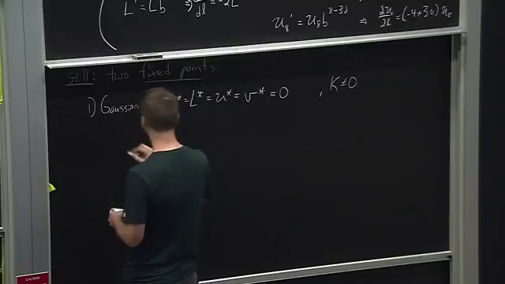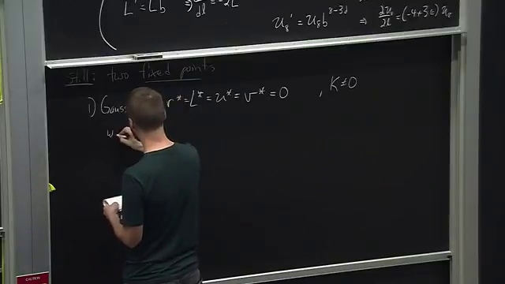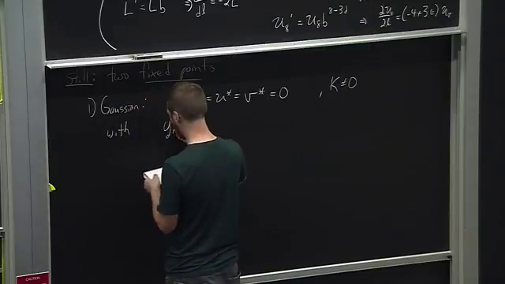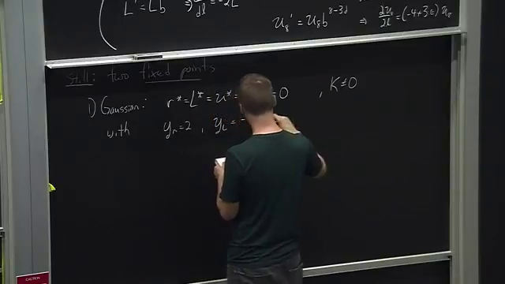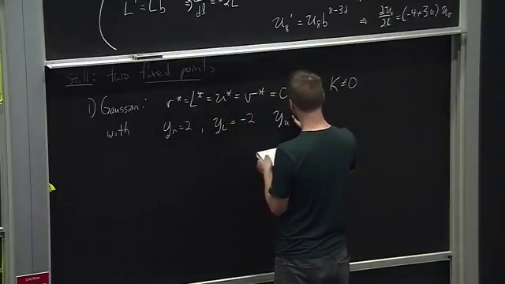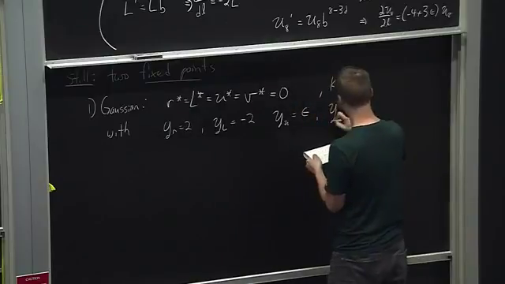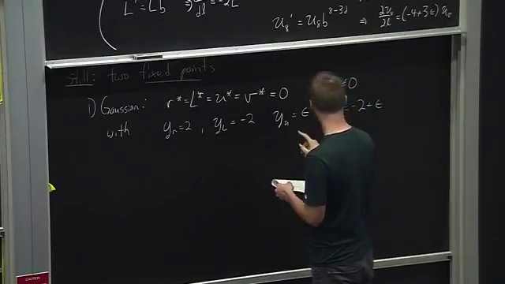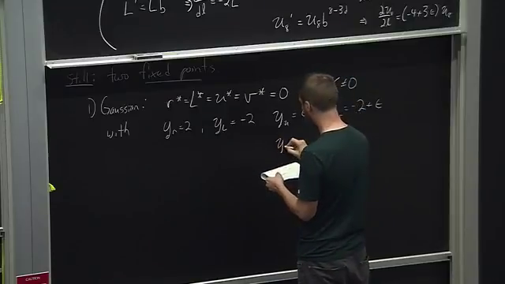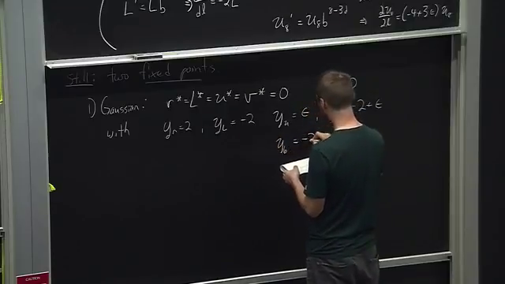So when you have eigenvalues, or scaling dimensions, y_V, y_U6, I'll call it 6 for U6.